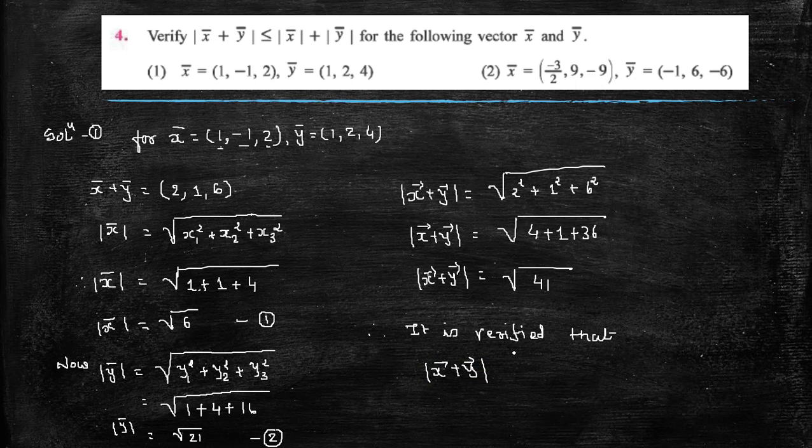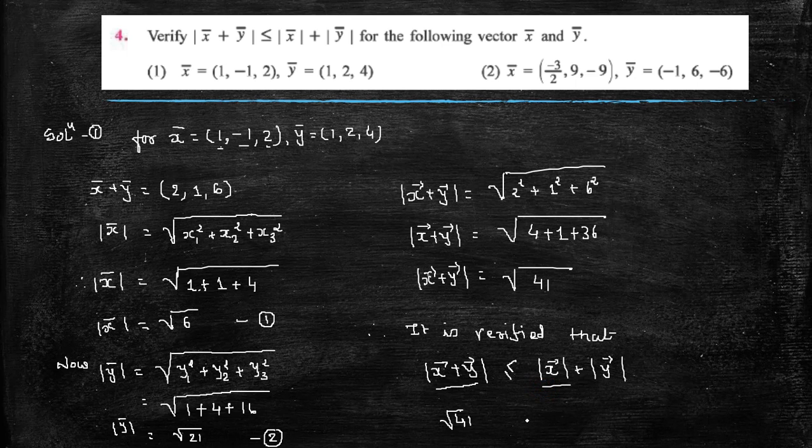That magnitude of vector addition is always less than or equal to magnitude of vector x plus magnitude of vector y. Tell me, what is magnitude of x bar plus y bar? Root 41.